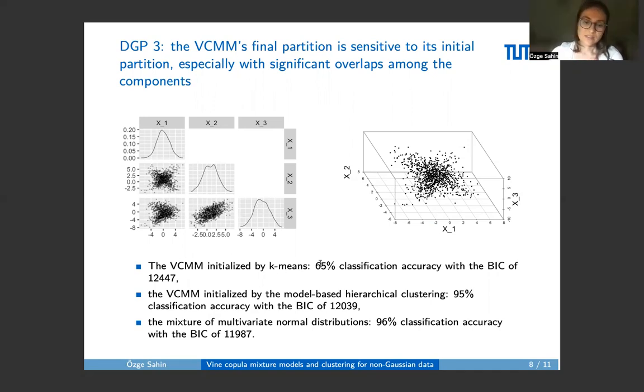As we guessed, our classification accuracy stays at 65%, but when we change our initial partition, it goes up to 95% with a better BIC value. With the data generating process itself, fitting the mixture of multivariate normal distributions, the classification accuracy is around 96%, with the best BIC compared to the other VCMM.